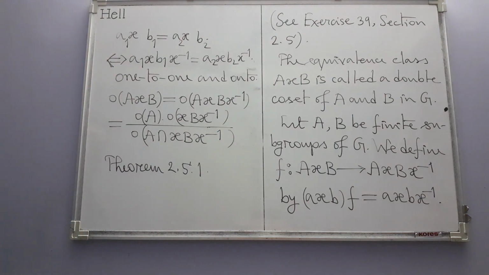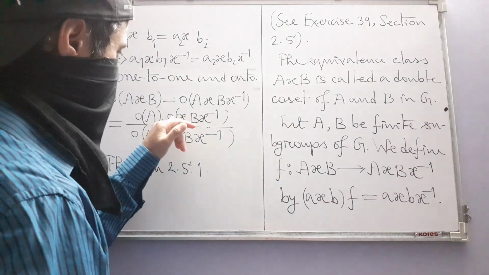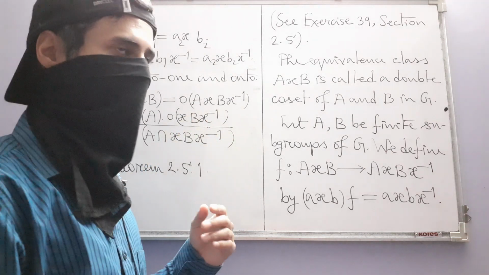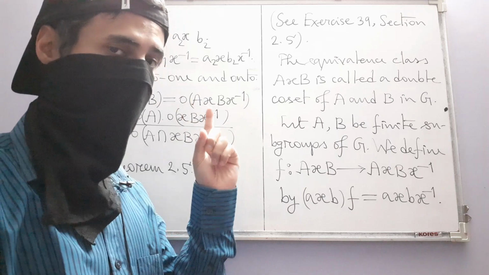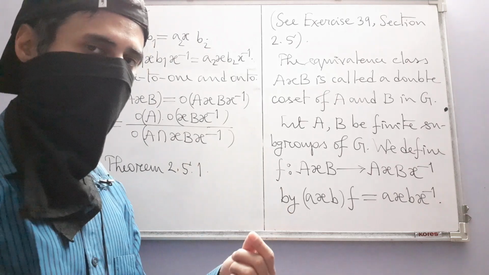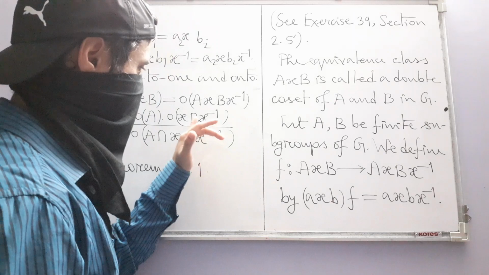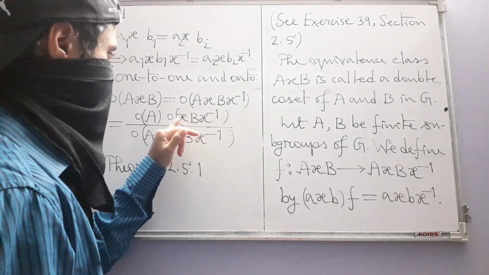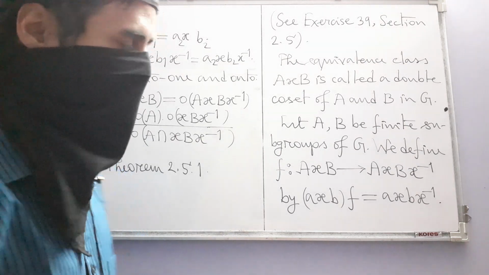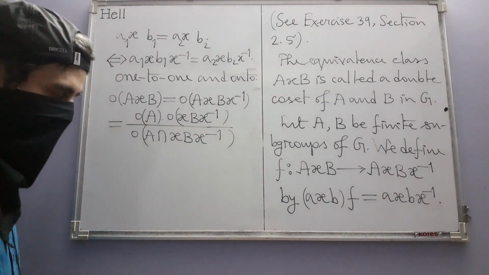However, we considered this kind of conjugate of a subgroup B by an element in one previous exercise, and there we proved that there is a bijection between B and xBx inverse, which tells us that when B is finite, the number of elements in B is the same as the number of elements in xBx inverse. So we can write one more line and have this.